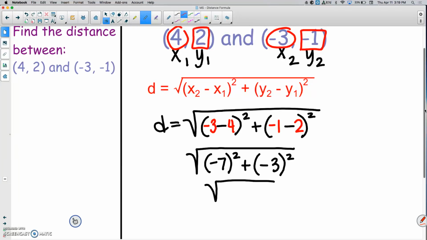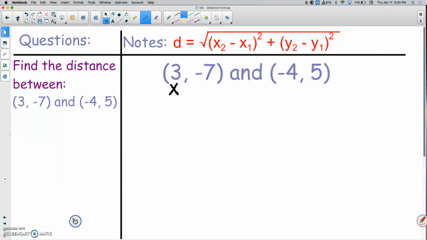If I square each of these, negative 7 squared is 49, and negative 3 squared is 9. They add up to 58. Remember, when you square something, a negative times a negative is a positive. So squaring something will always give you positive numbers at this step that I just underlined. Now, the square root of 58, if I round it to the nearest tenth, is 7.6.